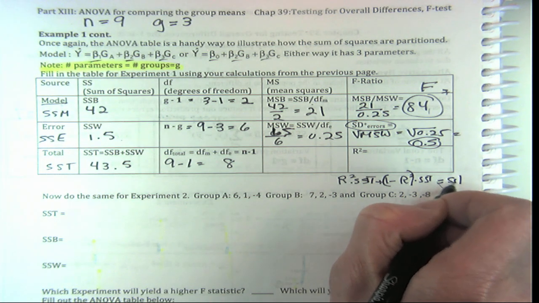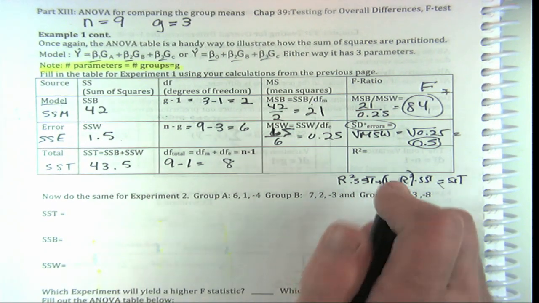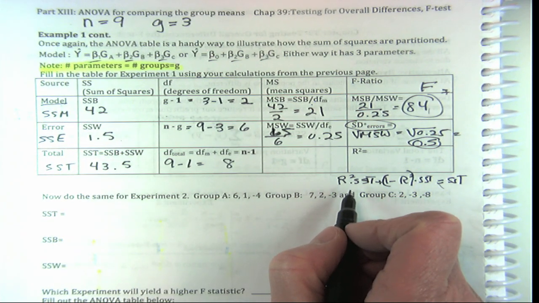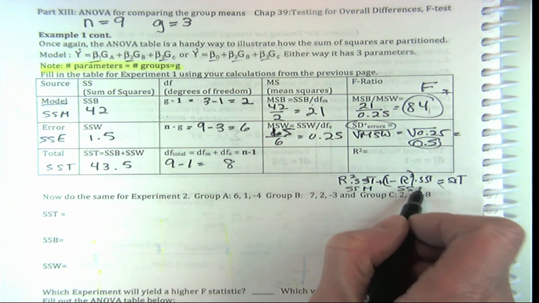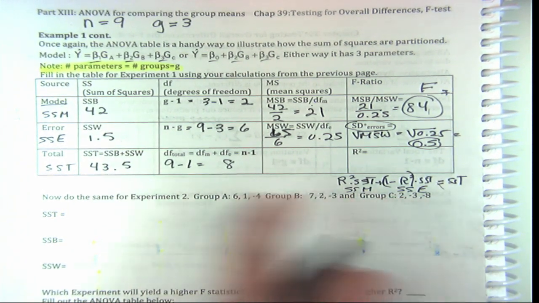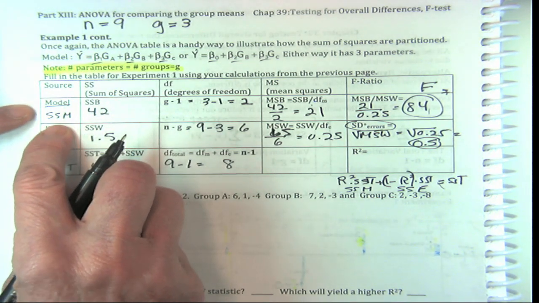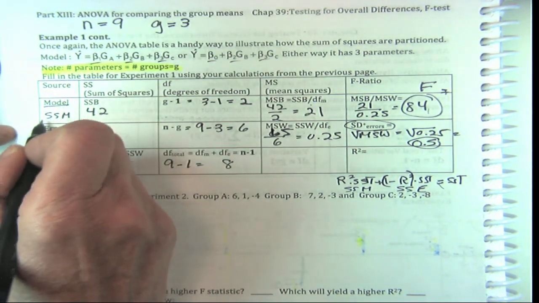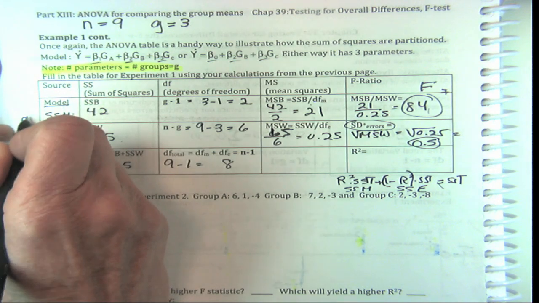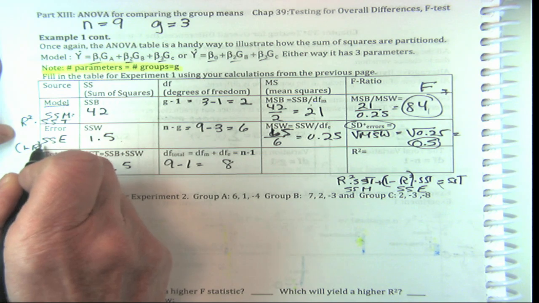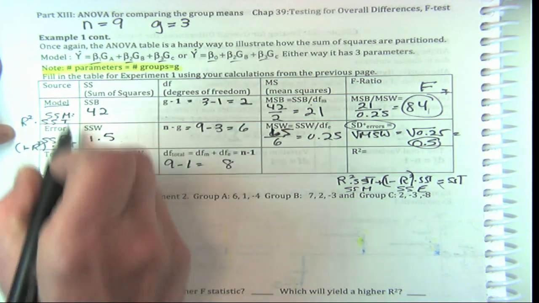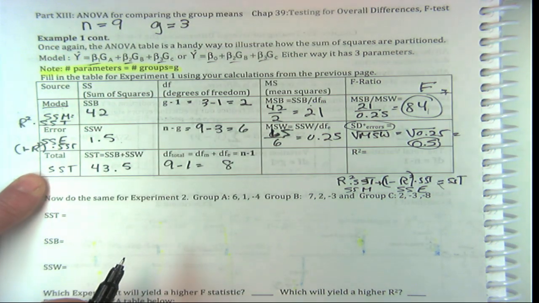I can just write SST. So this is the model. Remember, this is what we've been doing all along. This is our sum of squares model, and this is our sum of squares error. So this is equal to R squared times SST, this is equal to 1 minus R squared times SST, and it adds up to SST.